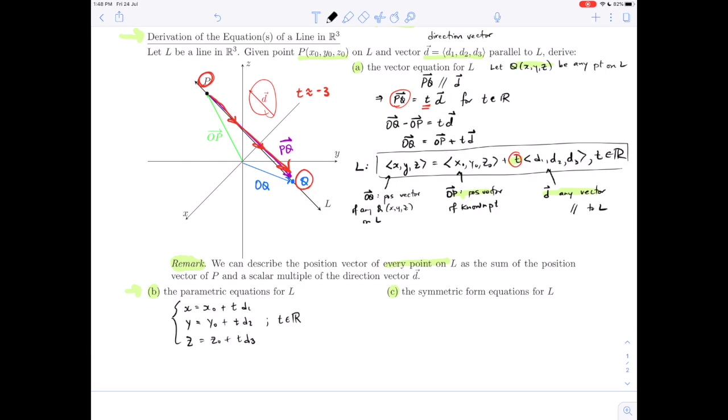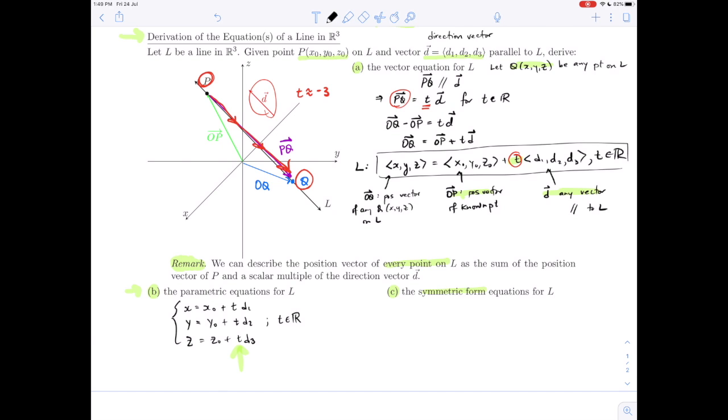That's it. Now, we'll notice that each and every one of those equations has t in it. And if we go ahead and solve for t in each of those and set them all equal, we can get what is called the symmetric form equations.